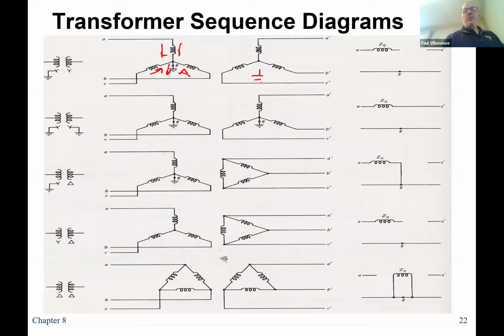Is there a connection to neutral over here? Nope. So as a result, if current on the primary side requires current flow on the secondary side, but you can't get current flow on the secondary side, that means that this transformer has an open or an infinite impedance for ground current to flow through. So ground current cannot flow through the transformer.